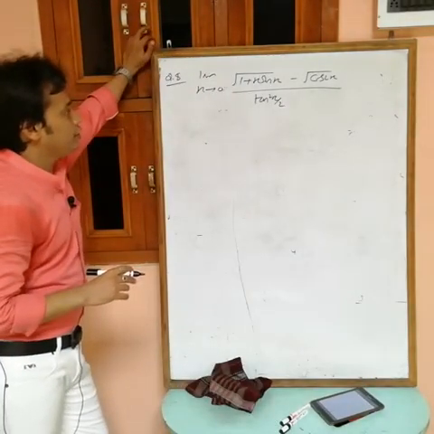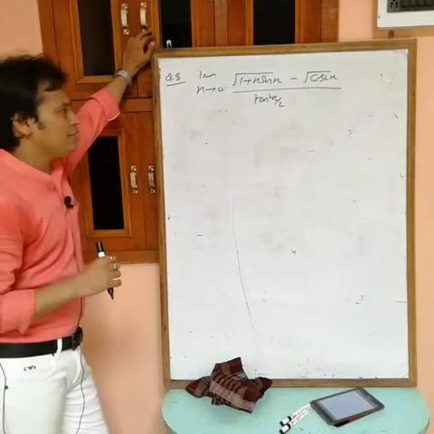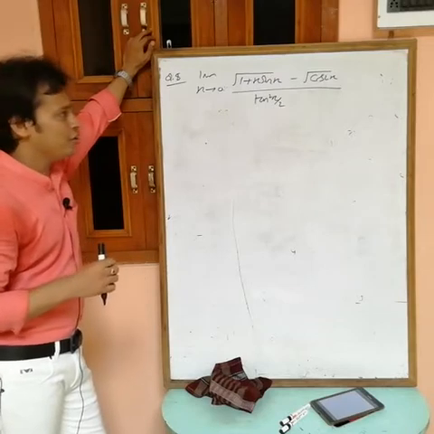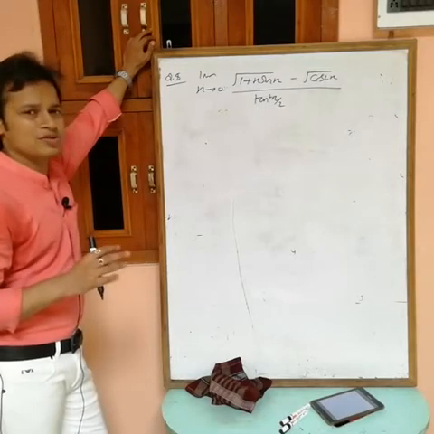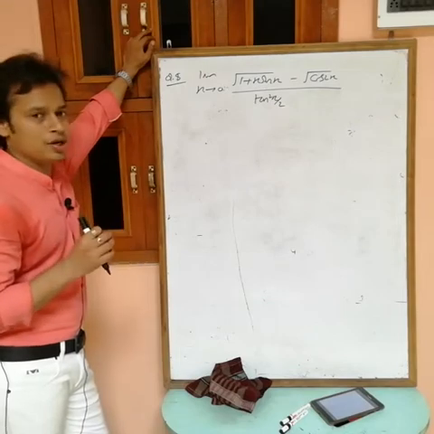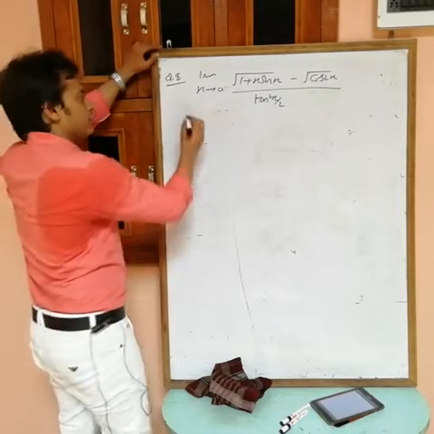Okay, again, how can we find the limit of this? Again, same thing. We have some standard limits like sin x by x equals to 1, tan x by x equals to 1, 1 minus cos x by x square equals to 1. But we don't have any standard limit for roots. So first I have to simplify this one. How to simplify? Rationalize. Okay.